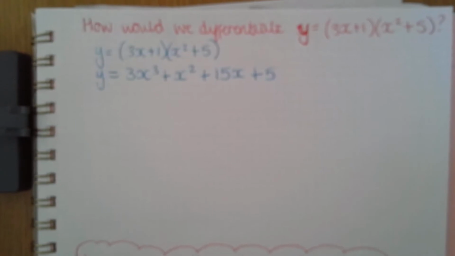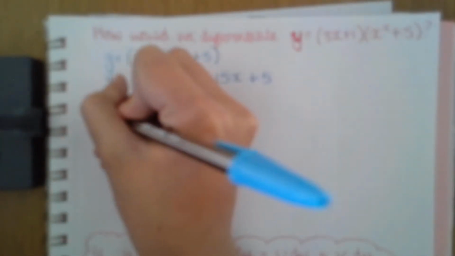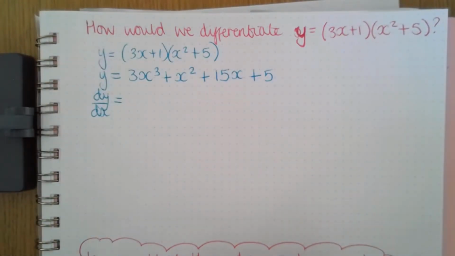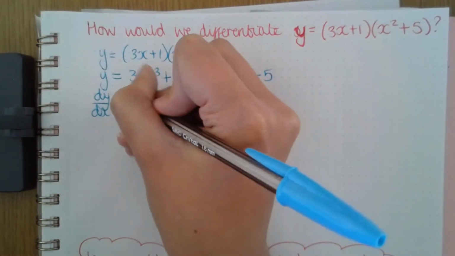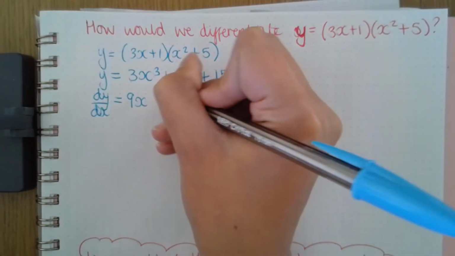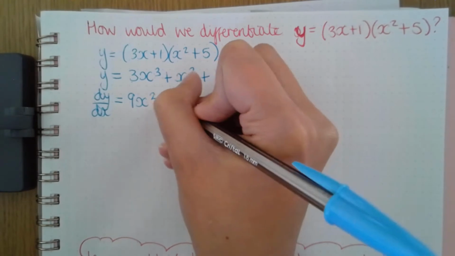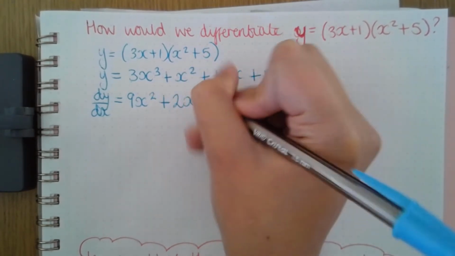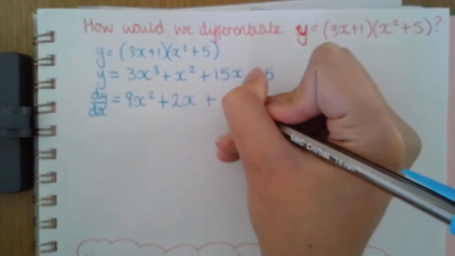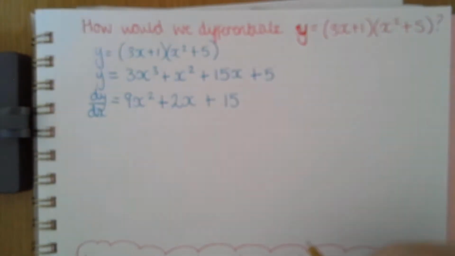Sorry, it's gone a bit blurry. And then we would differentiate this. Okay, so 3 times 3 is 9x squared, take 1 from the power, plus 2x, take 1 from the power is just 1, plus 15.